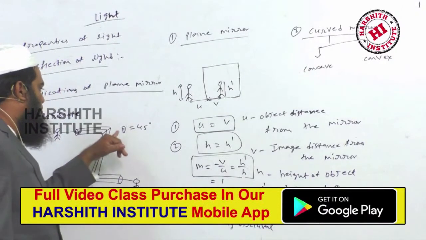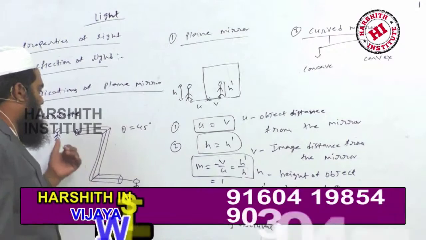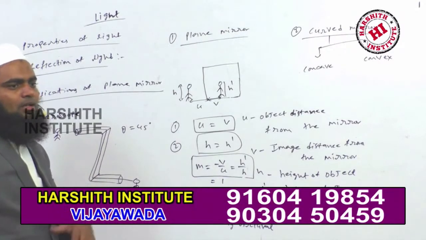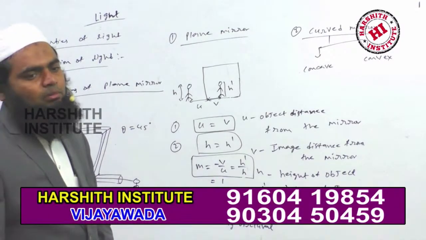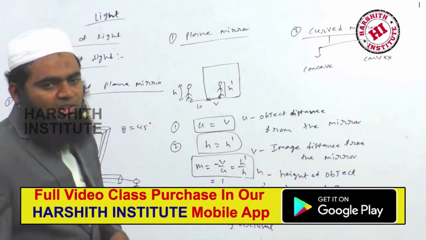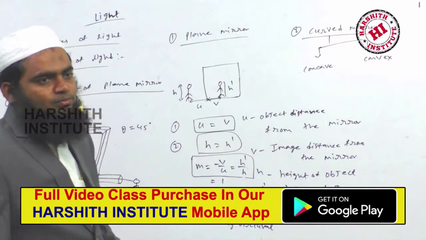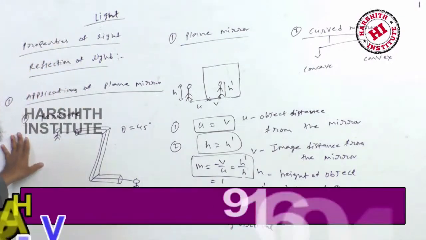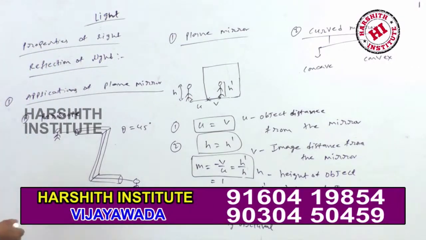They can be arranged and we can use them as a periscope. We can observe the internal and upper parts of any material easily. So this periscope is generally used in submarines also. This is the first application.